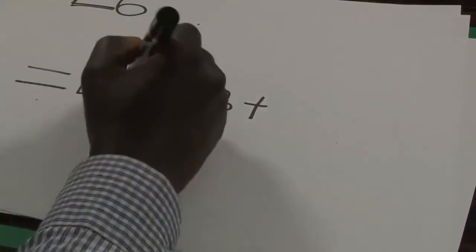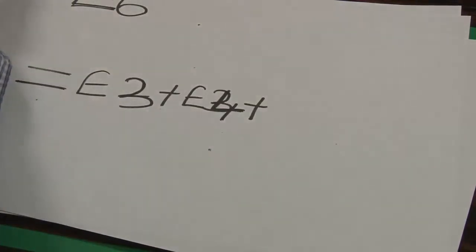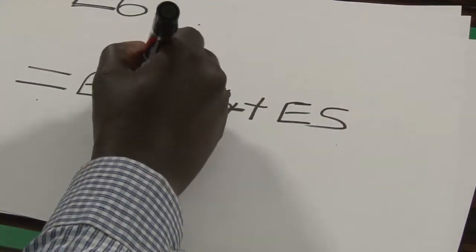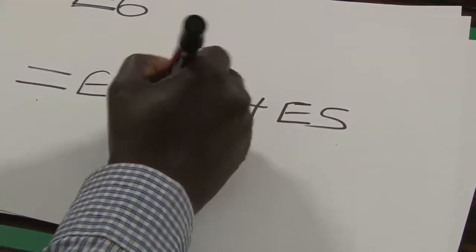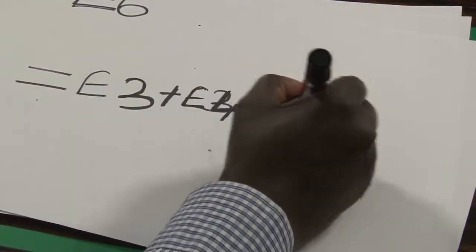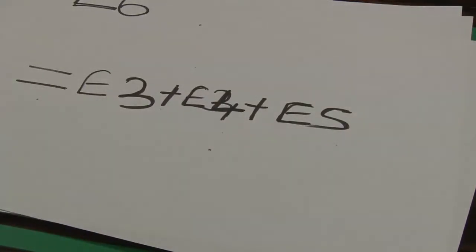So the first one is E3, E4, then we have another one here, E5. So you have E3 plus E4 plus E5. Are you fine? Yeah.